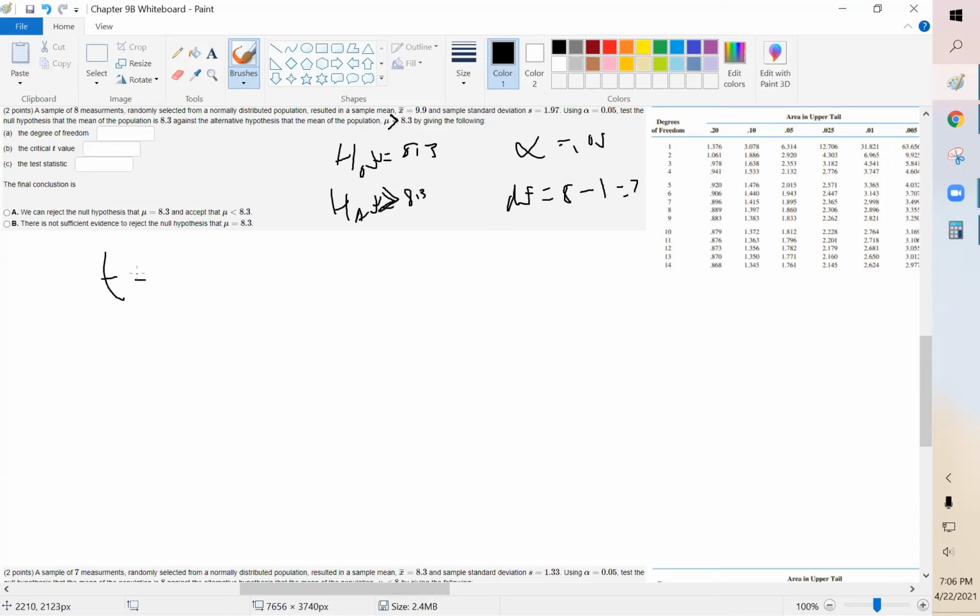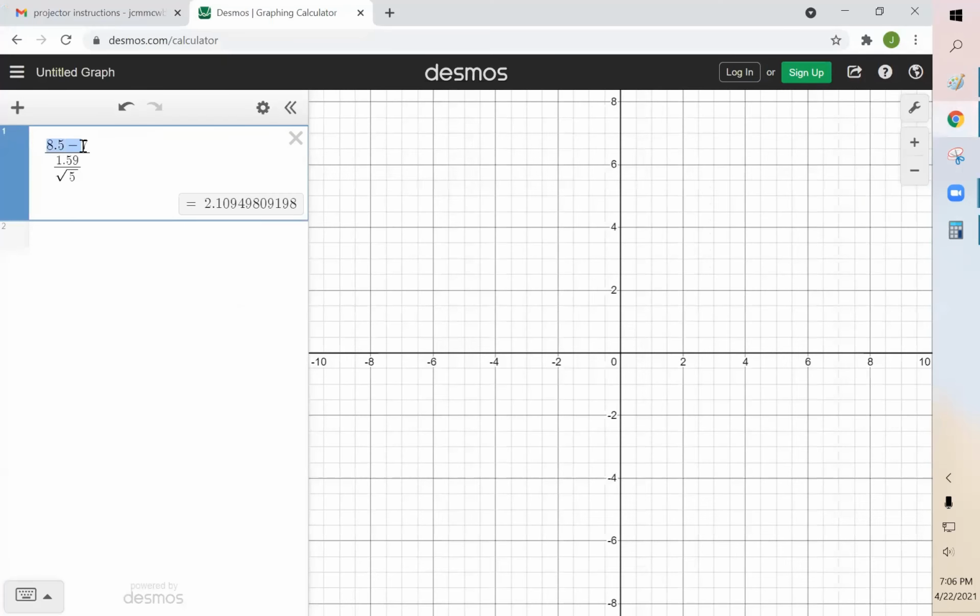Our test statistic is our sample mean of 9.9 minus our hypothesized mean of 8.3, divide by our sample standard deviation of 1.97 over the square root of our sample size, which is 8. So let's put that in here. I believe, what did we say, it was 9.9 minus 8.3.